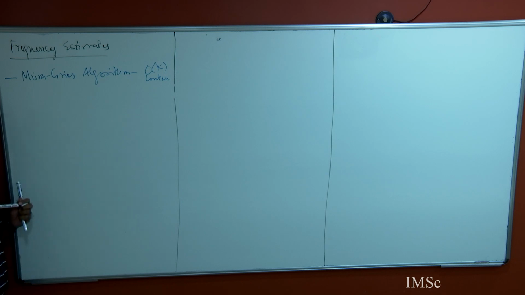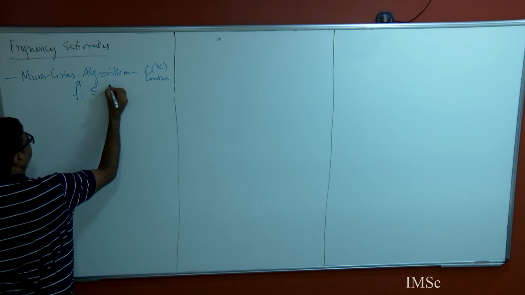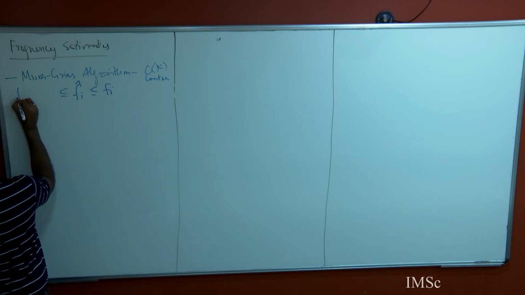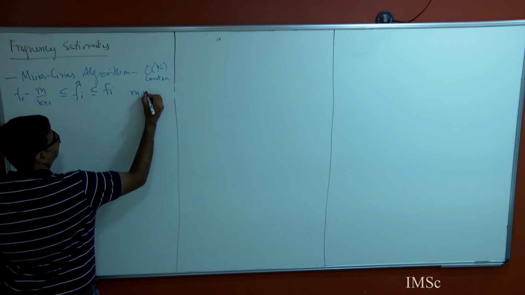You can get an estimate on each of these, fi tilde, but you will not be able to say in one pass which are the heavy hitters. But if I just wanted an estimate on each number, that gives very good estimates, because it was an additive estimate for each. What we proved is that fi hat was less than or equal to fi, and it is at least fi minus m over k plus 1, where m was the data size.